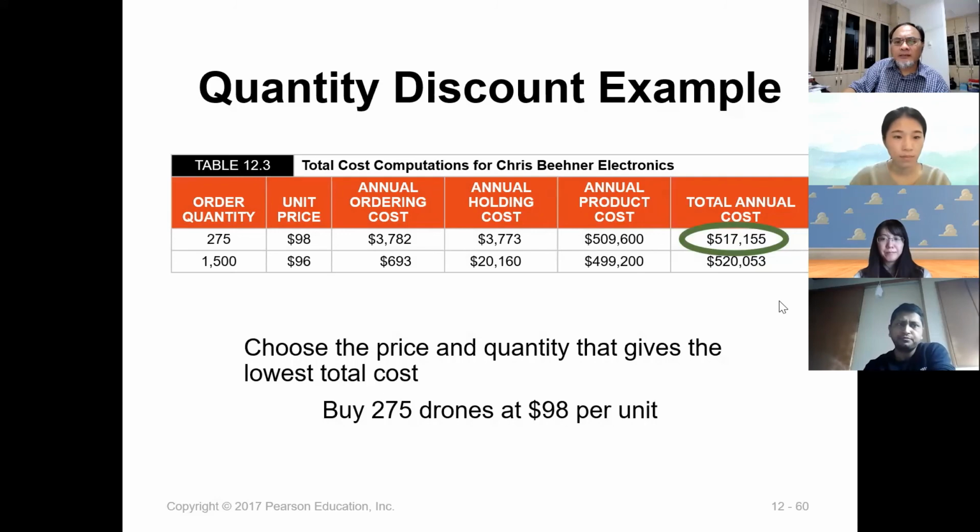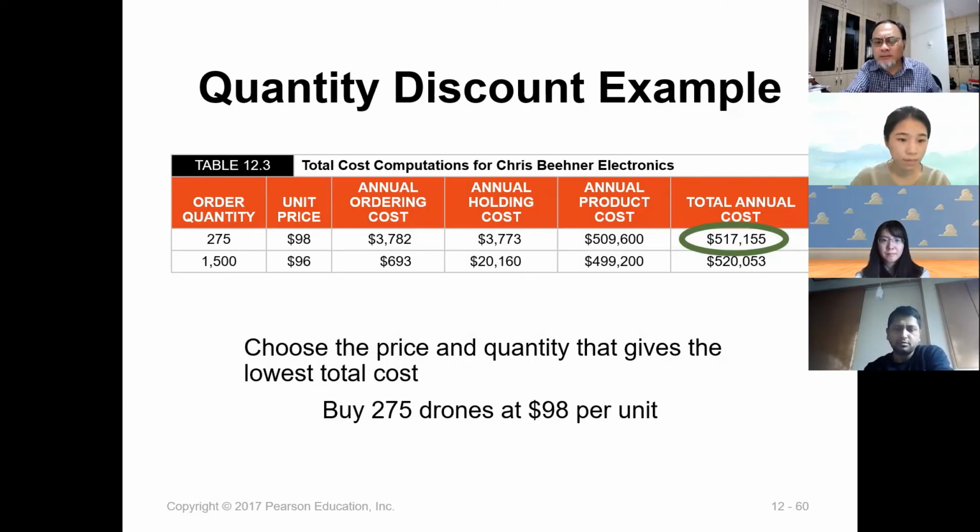So what I've shown you just now is the method of actually determining the quantity discount: the lowest quantity that will actually meet the discount schedule.